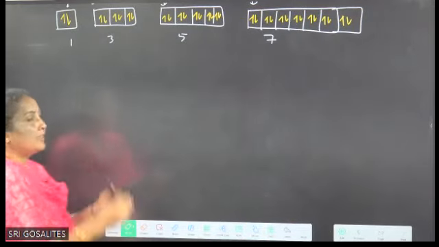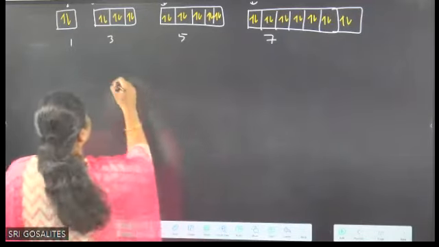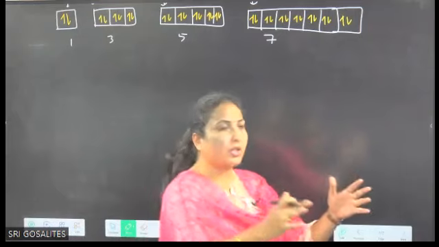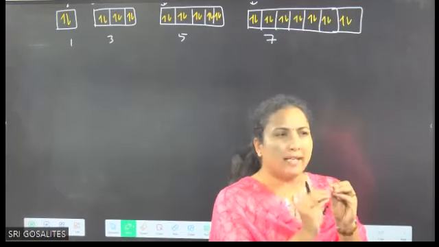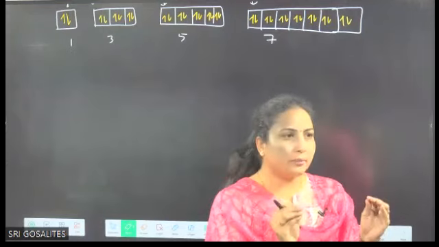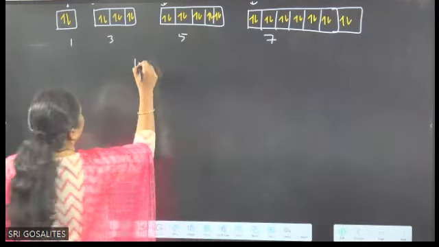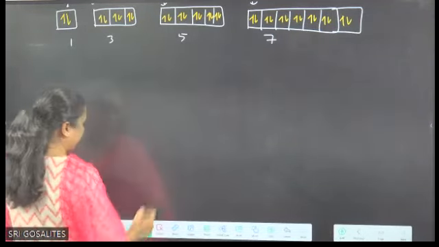Now, there are different types of orbitals here. I'm going to draw the Aufbau chart, which will help you write down the electronic configuration. We'll practice the electronic configuration for a few elements so that you get comfortable. So we have 1s. You can make it a circle, or if you don't want to, no problem.